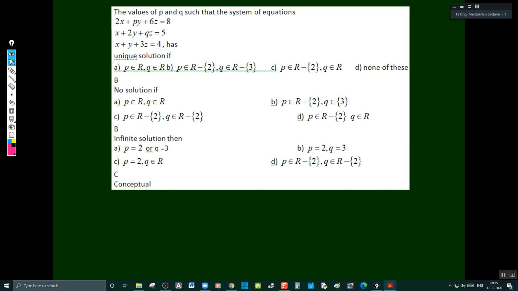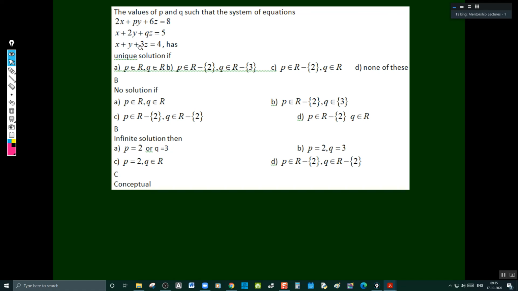You can do that easily. For a unique solution, your delta is not equal to 0. For no solution, delta is 0 and at least one of delta 1, delta 2, delta 3 is non-zero. For infinite solutions, delta 0, delta 1, delta 2, delta 3 are all zero, according to Cramer's rule. If you want to follow the method I taught you with regards to straight lines, 2D lines, then eliminate x from 1 and 2 and 2 and 3, then compare them.